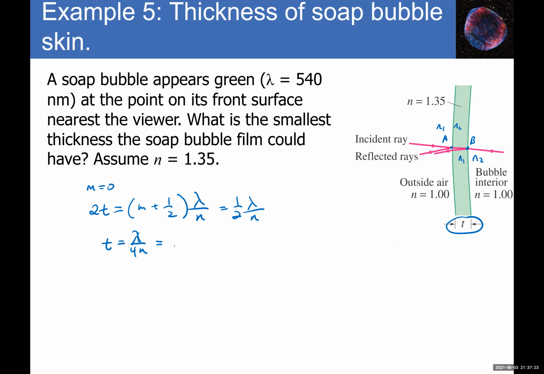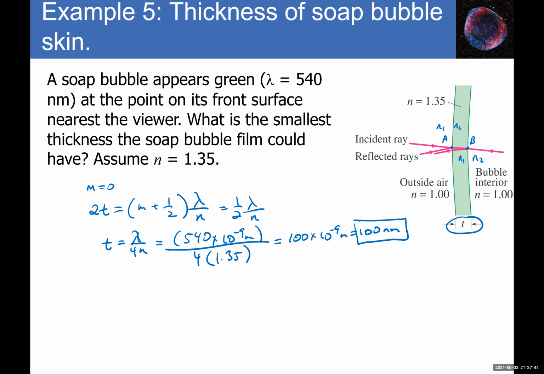The wavelength is 540 times 10 to the negative 9 meters, divided by 4 times the index of refraction of the bubble, 1.35. We calculate that and get 100 times 10 to the negative 9 meters, or 100 nanometers.